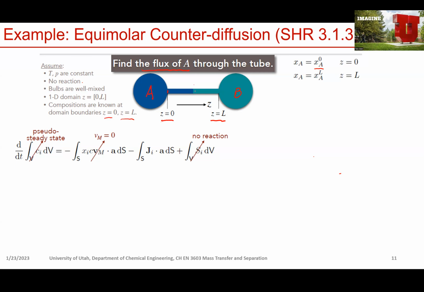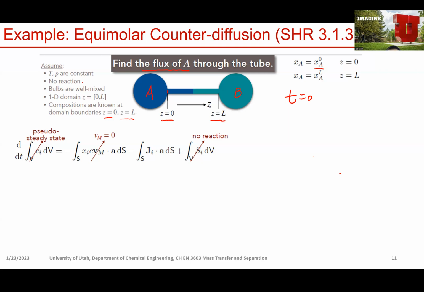Then at t equals 0, if we remove this wall, we know diffusion is going to happen. There's going to be flux inside the tube that will mix the mixture in bulb A with the mixture in bulb B. How do we know what the flux of A through the tube is?